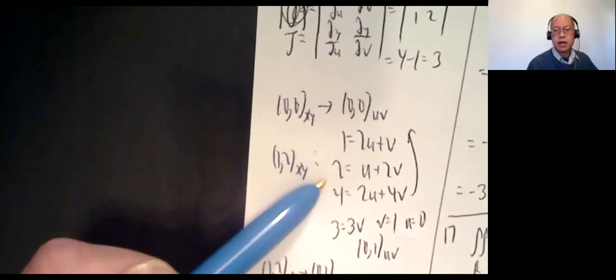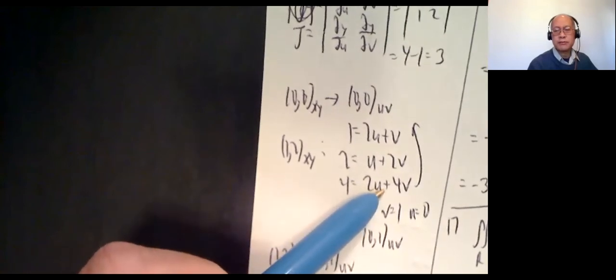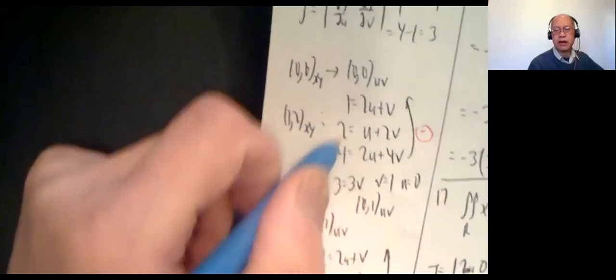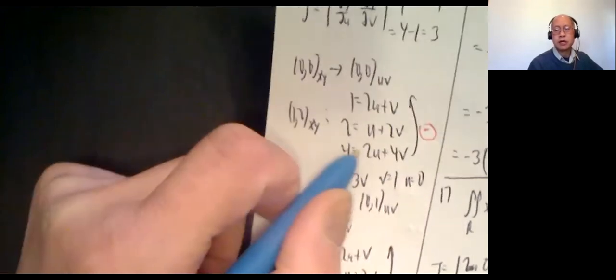Now it gets harder. How about 1, 2 in x, y? X is 1, y is 2. So 1 equals 2u plus v, 2 equals u plus 2v. Two equations, two unknowns. I multiplied the second equation by 2: 4 equals 2u plus 4v. Then I subtract, this equation minus this equation, so the 2u's cancel out. 4 minus 1 is 3, 2u minus 2u is nothing, 4v minus v is 3v.